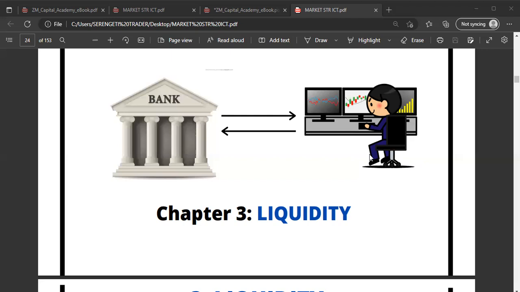You will see a wick going up and then closing down. So it is always a certain kind of trap. One type of liquidity which we can use is the equal highs or the equal lows.